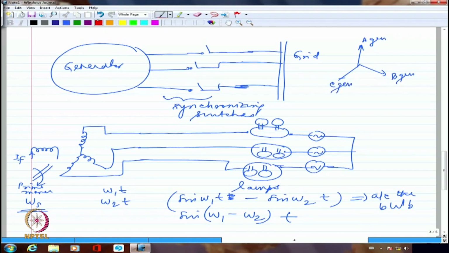Let us say A of the grid, B of the grid and C of the grid, like this. I will have all of them glowing, right? If the frequencies are matching, there is a small phase difference. That's what I have shown. The frequencies are matching. The phase sequence is also matching.